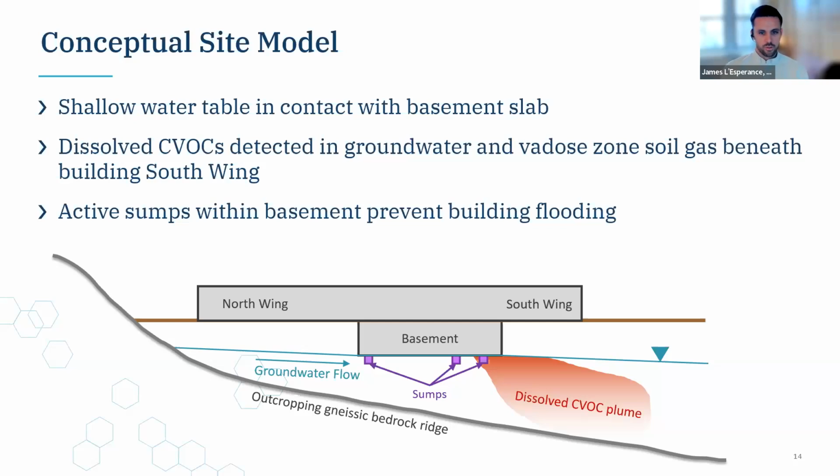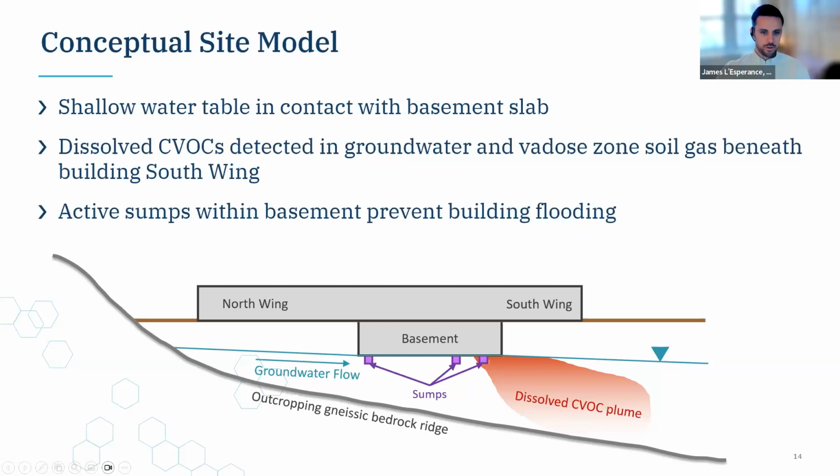This site is improved with a one-story building with a partial uninhabited basement, as shown on the profile view here on the slide. It has an outcropping bedrock ridge with a shallow groundwater table under the building, which is not necessarily a unique feature.